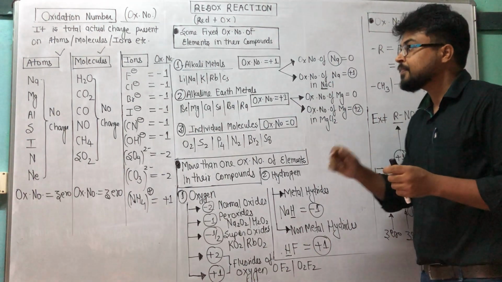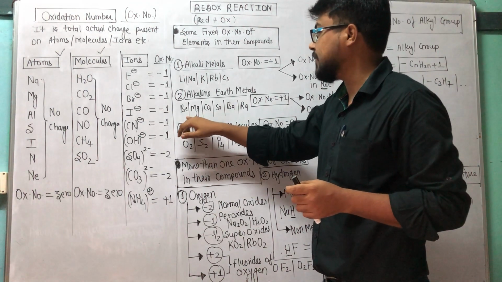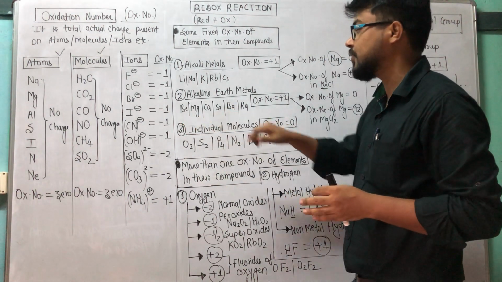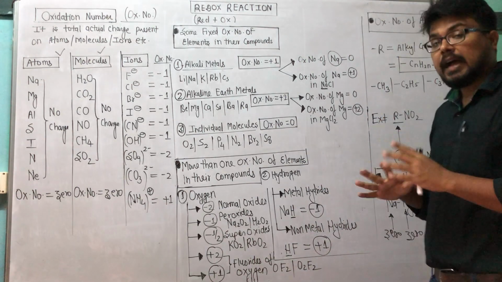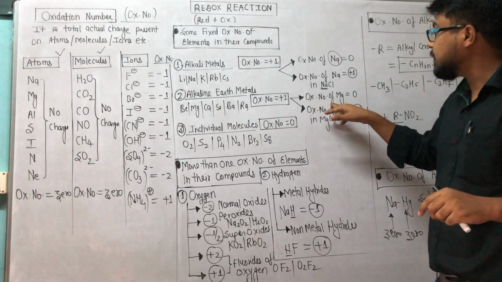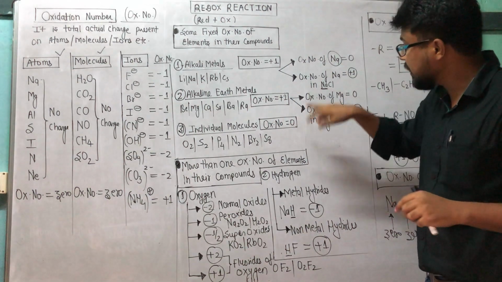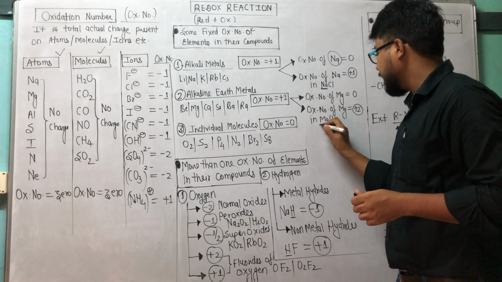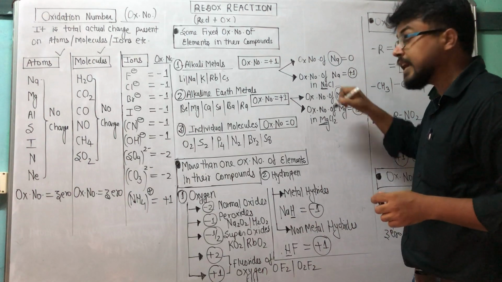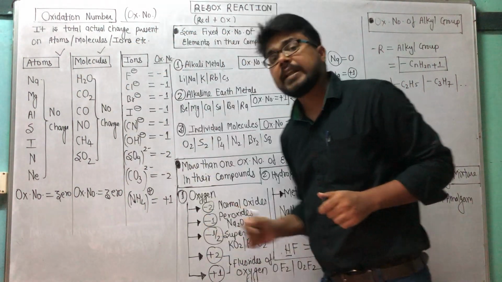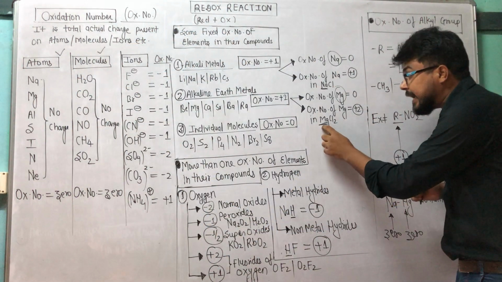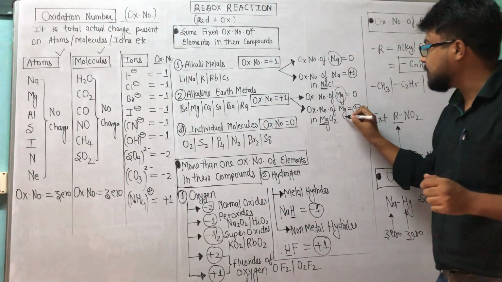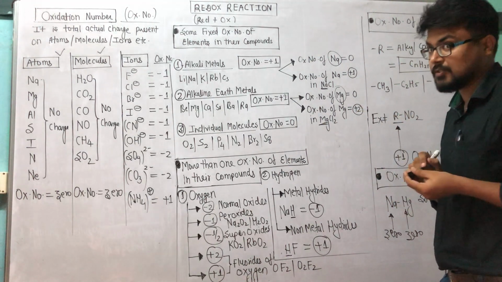For alkaline earth metals, the ox number is +2. What are alkaline earth metals? Beryllium, magnesium, calcium, strontium, barium and radium. Again the same question: the ox number of Mg, or the ox number of Mg in MgCl2. Mg belongs to the atom category, but in MgCl2 the ox number of Mg will be +2.